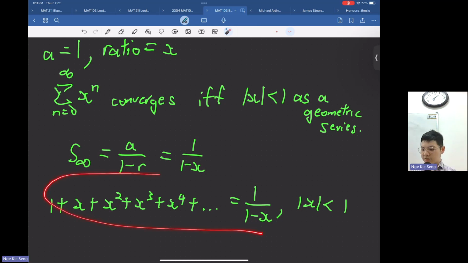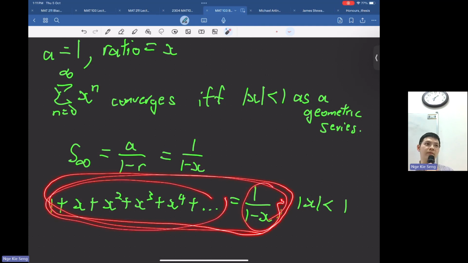So be careful when you write down an equation of a series equal to some closed form. There's always a condition on x.